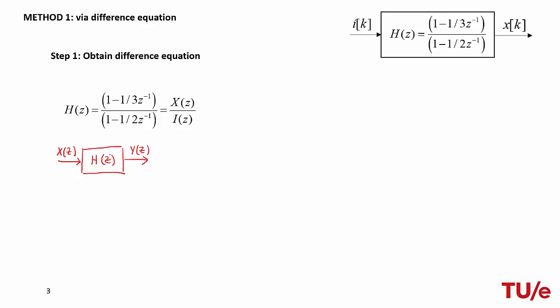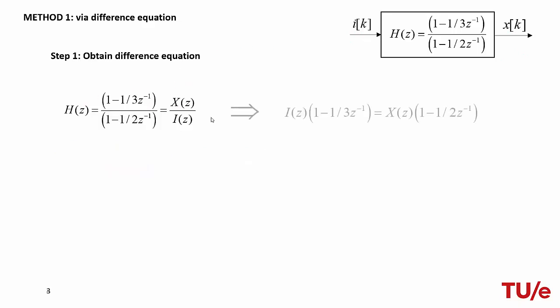Let's first remind that when we have a system defined by the system function H(z), in the z domain we can calculate the z transform of the output, Y(z), as the product of the z transform of the input multiplied by the system function, H(z). And therefore, in this case, where the input is I and the output is X, I can rewrite this like that. And this also leads to this equation.